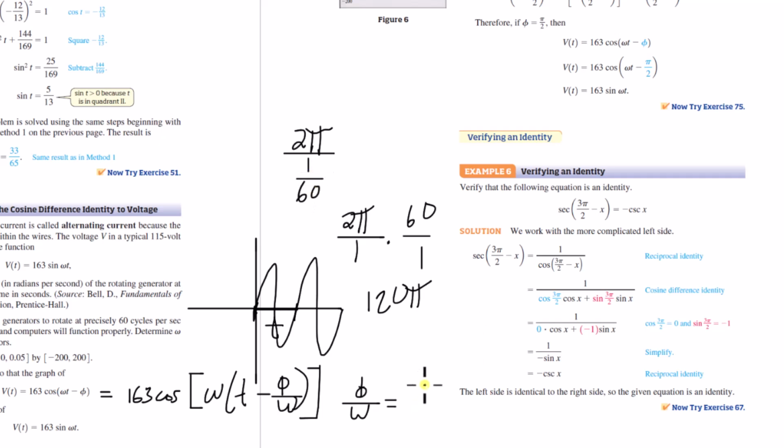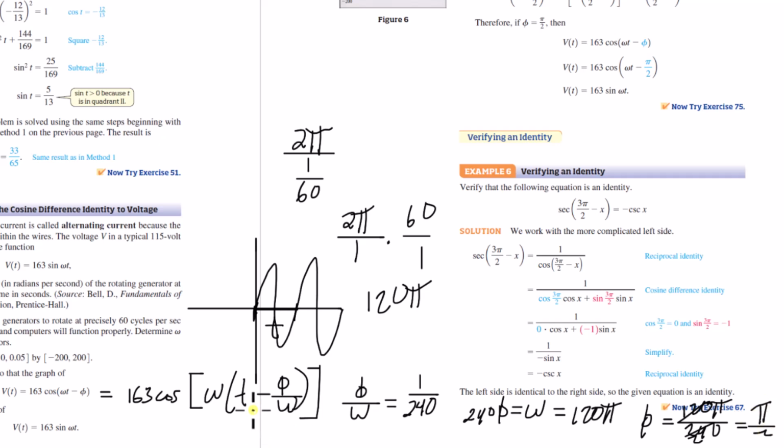So 1 over 6 times 4 is 24, so 1 over 240. So 240 psi is equal to omega, but omega we saw is 120 pi. So psi is equal to 120 pi over 240. So psi needs to be pi over 2.